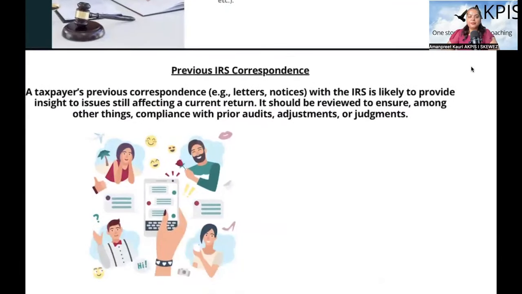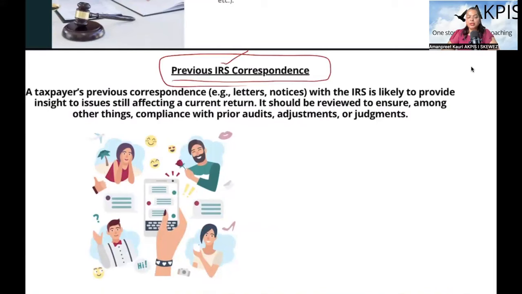Now, let's proceed further. Apart from accuracy and major changes, you should also check previous IRS correspondences. What does that mean? IRS, Internal Revenue Service, the US taxation governing body, right?